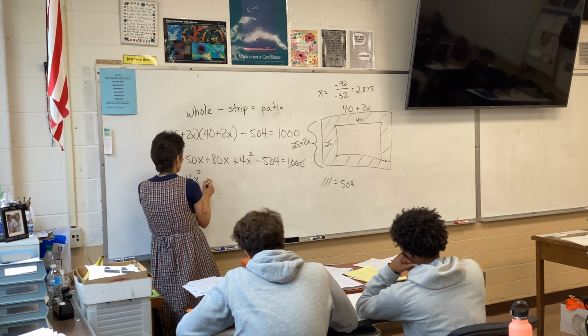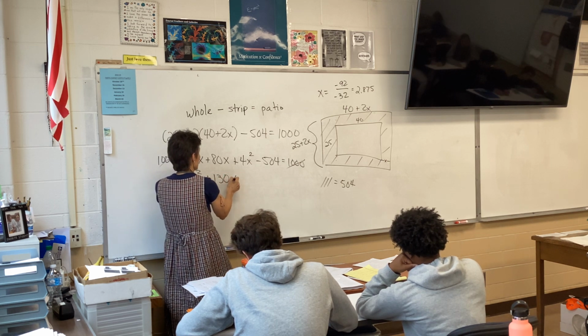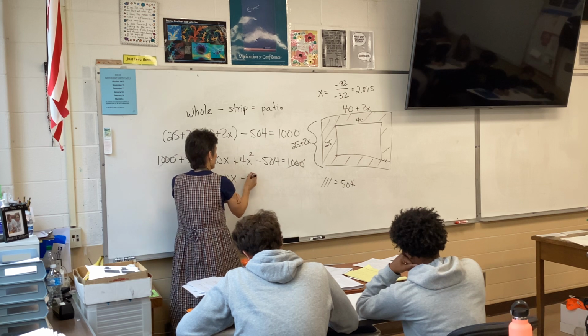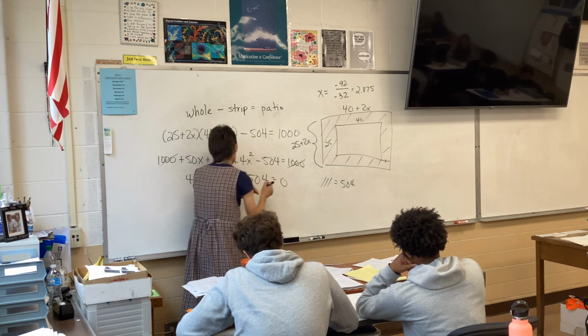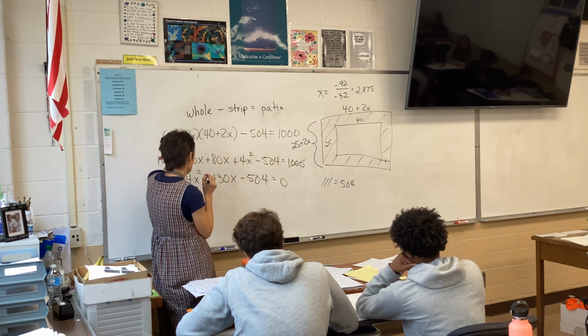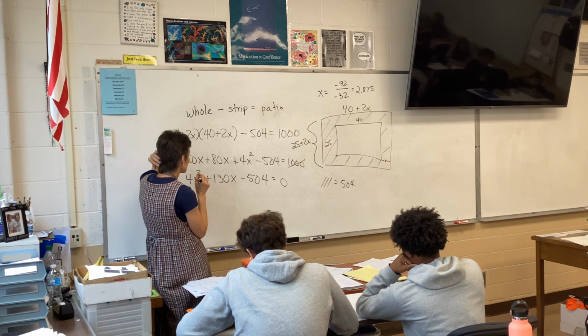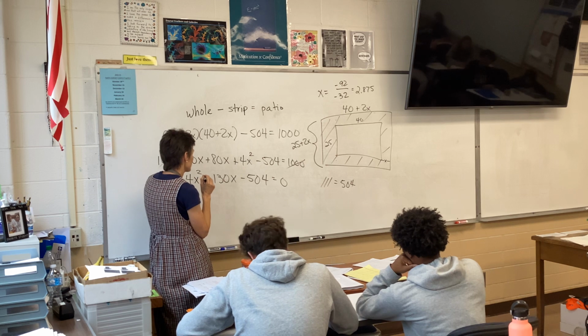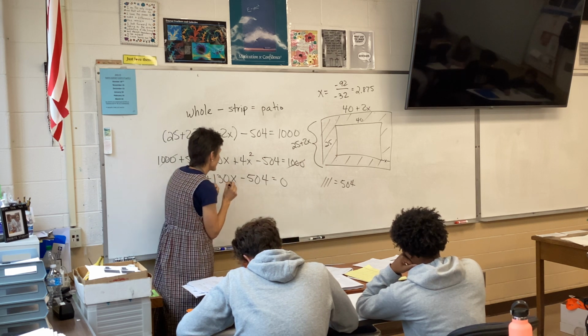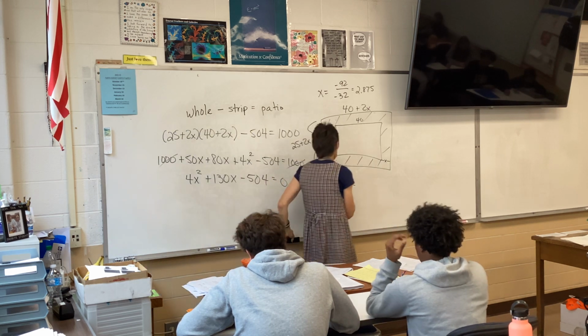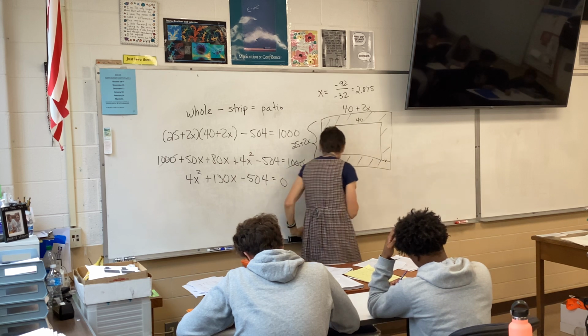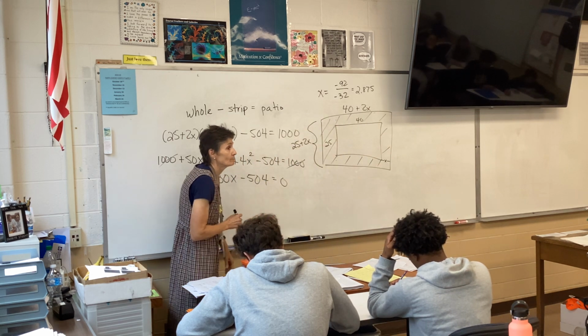So 4x squared plus 130x minus 504 equals 0. Double check that. I think that's right, is that right? It's a quadratic equation, be careful.